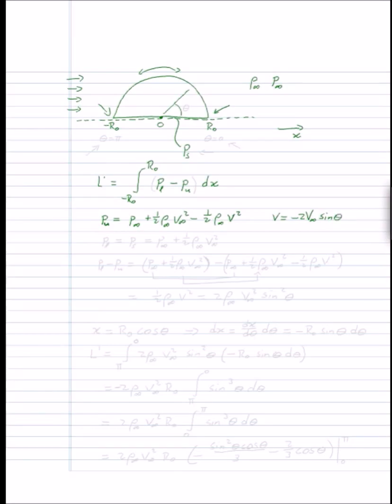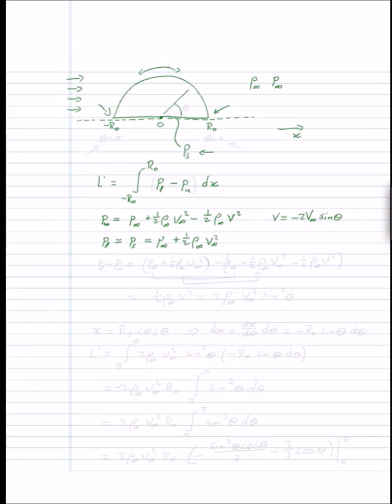So that was derived in the lecture notes. PL is the stagnation pressure. It's equal to PS that I've defined here. And that stagnation pressure must be equal to p infinity plus a half rho infinity v infinity squared.